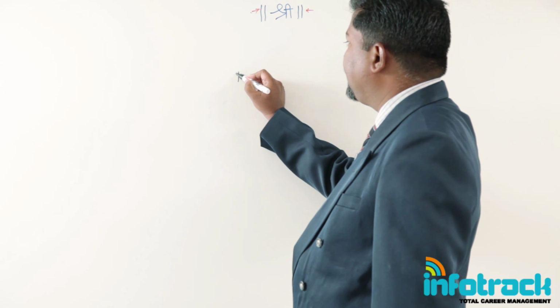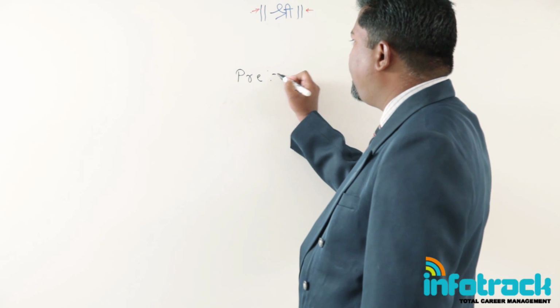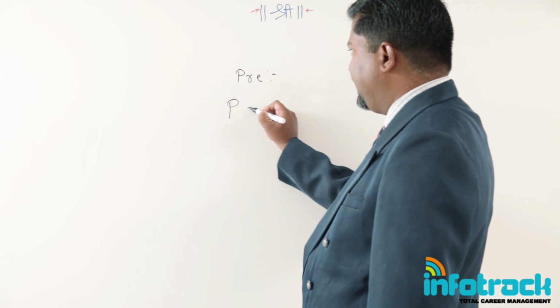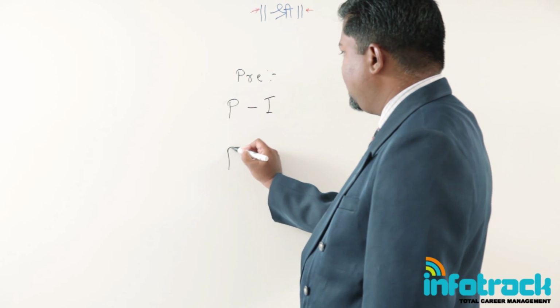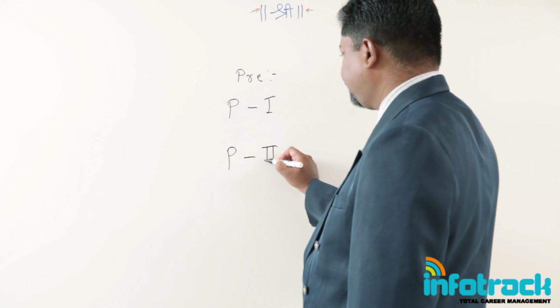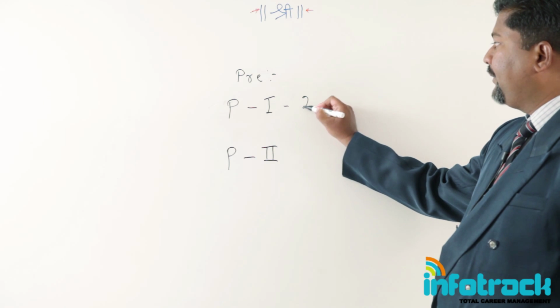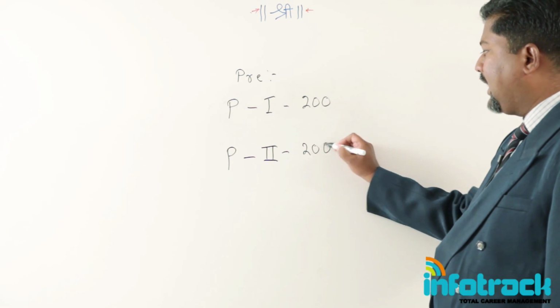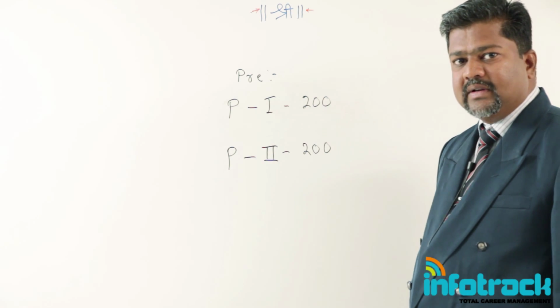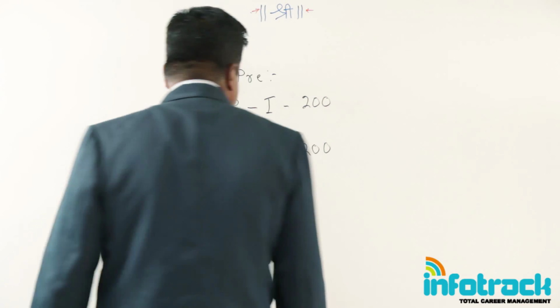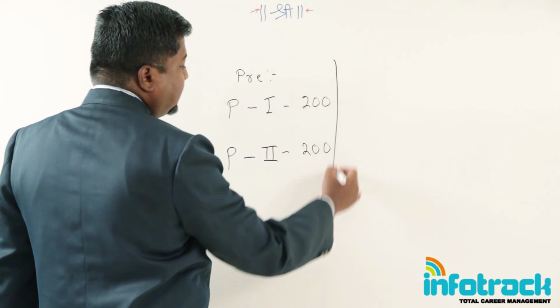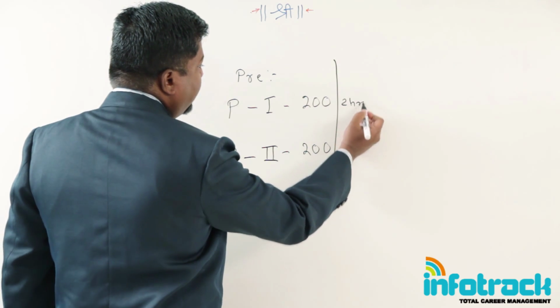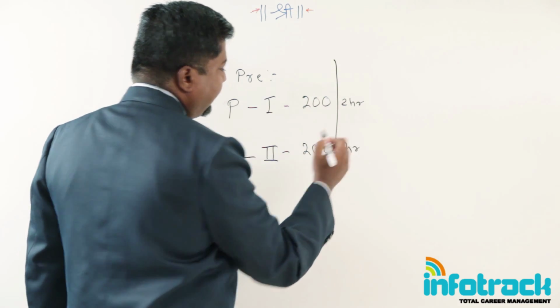The preliminary scheme is divided into two parts, paper 1 and paper 2. Both papers are of 200 marks, and the time given for both is 2 hours.